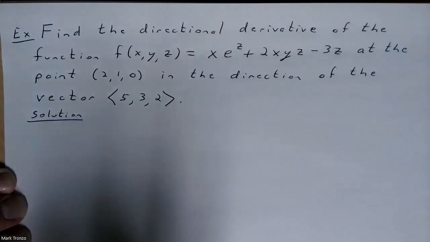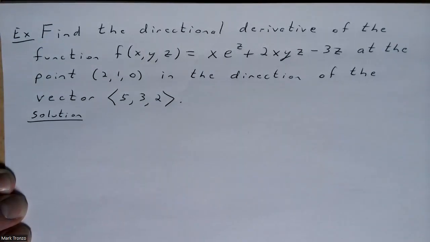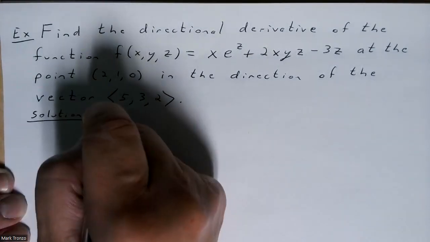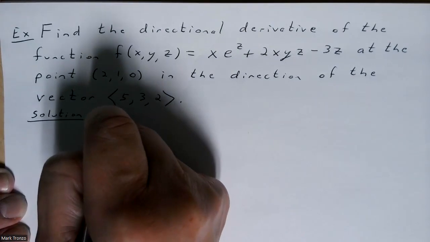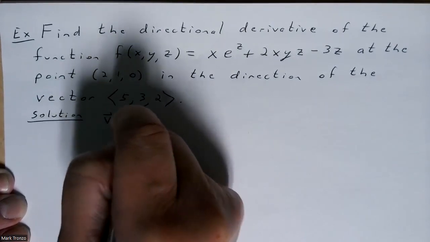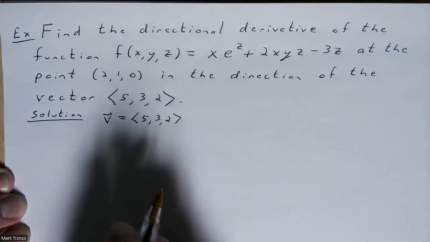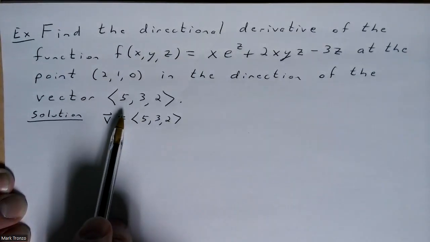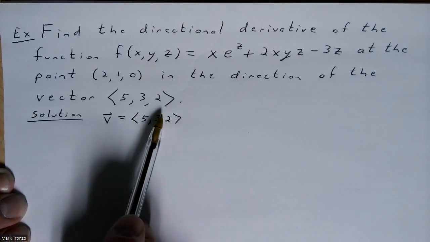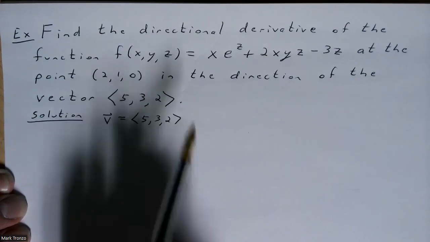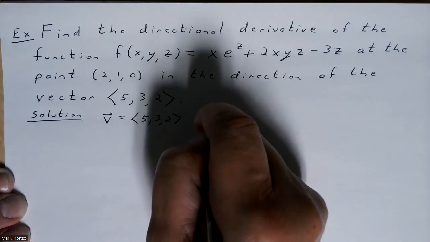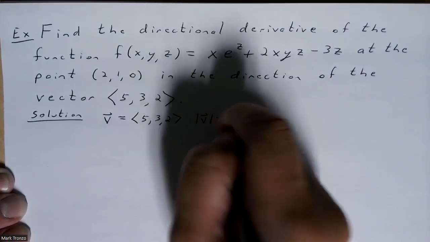And you can do this in a different order, depending upon what your preference is. When I did it previously, I started with finding the unit vector in the direction of this vector. So we want to find the directional derivative in this direction. So we need to find the unit vector in that direction.